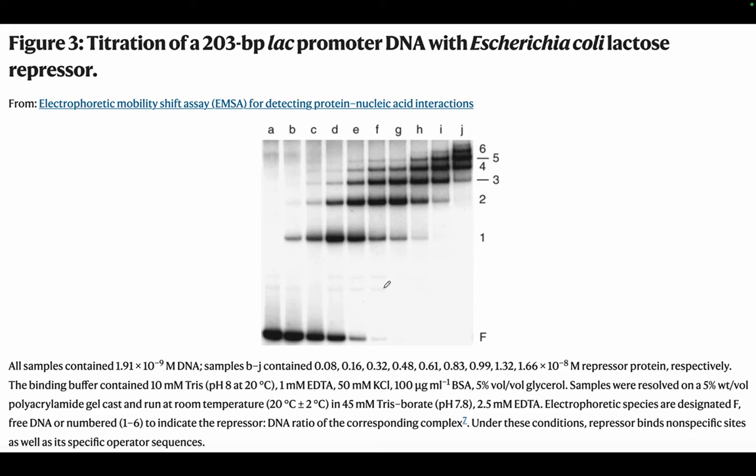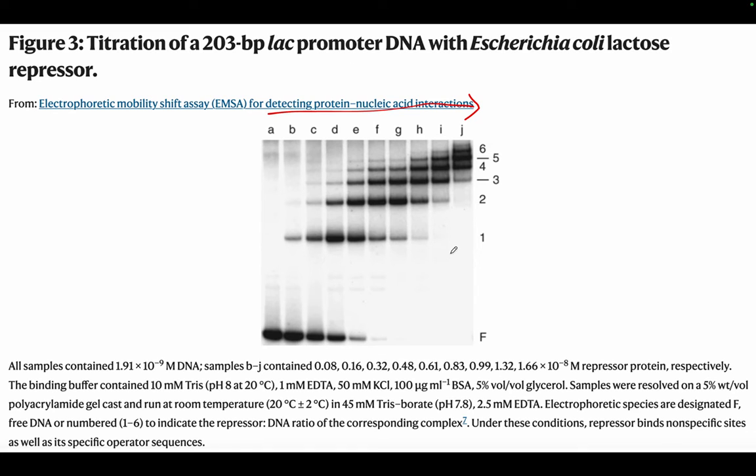We can also do some basic stoichiometric analysis here. So now again, here we have increasing protein concentration. And as we start increasing the protein concentration, we actually start getting different bands. It's not like this is just shifting up here and getting one band, right? I'm getting multiple bands, which maybe suggests that there are multiple binding sites for this protein. Here they're showing titration of lac promoter DNA with E. coli lactose repressor.